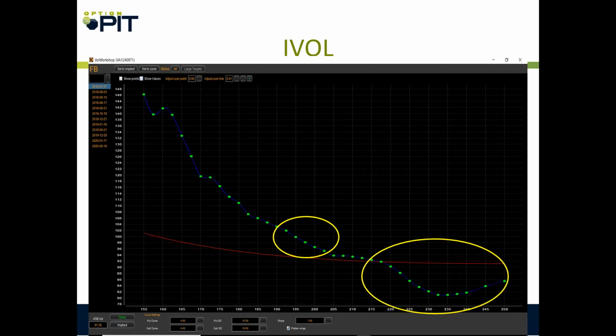Pretty cut and dry, right? I love looking at this chart. This tells me a lot. This red line is a smooth curve. It's kind of like if I was going to run a SABR model on what I'm looking at.